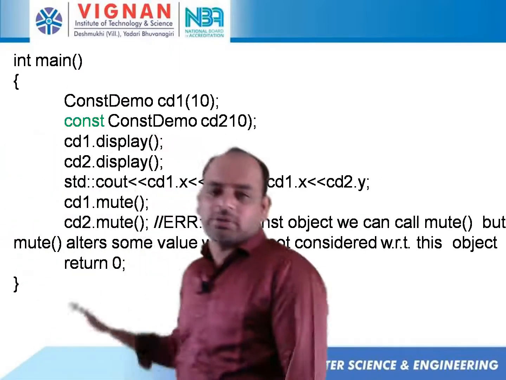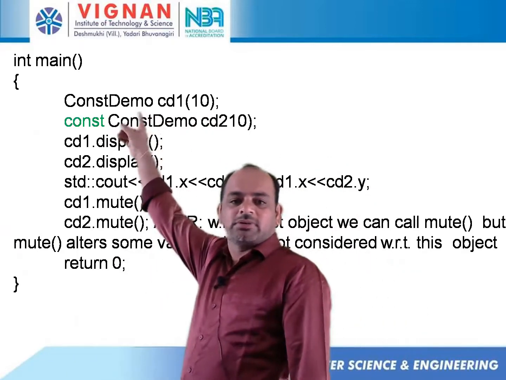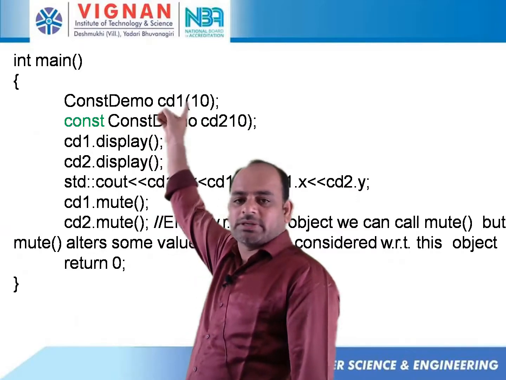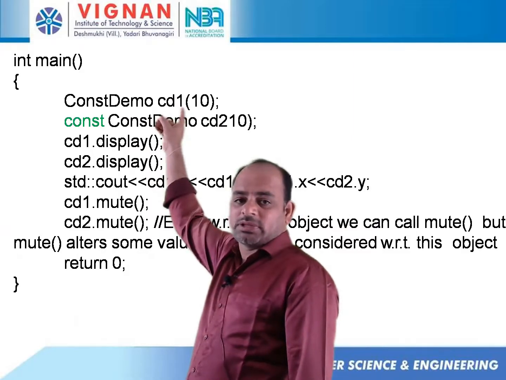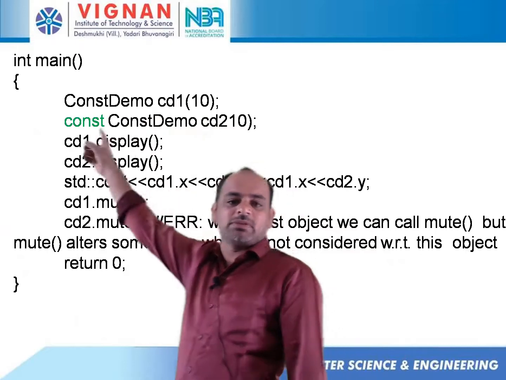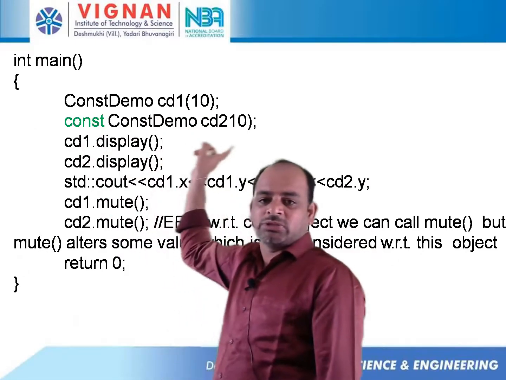In the next slide, we will see how to create a constant object. Now, ConstantDemo is the class name. CD1 is a normal object here, not a constant object, so we are not using any constant keyword. But CD2 is a constant object because we are using the keyword constant, constant object CD2 of 10.